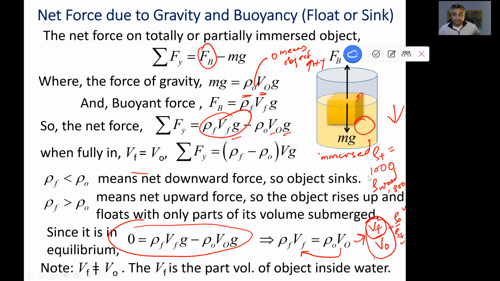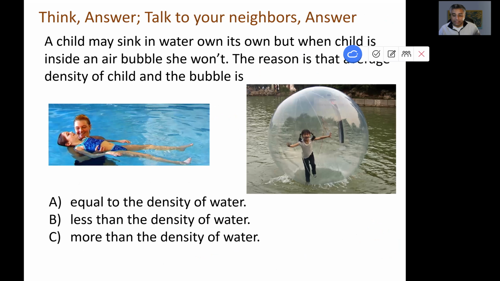Even if the object does not float, you can hold it inside and measure how much force you are using to hold it. Once you measure it, you can do some calculation to find the density. You'll see one example soon. But before we do that, let's answer this question. You have 1 minute and 30 seconds to answer this.